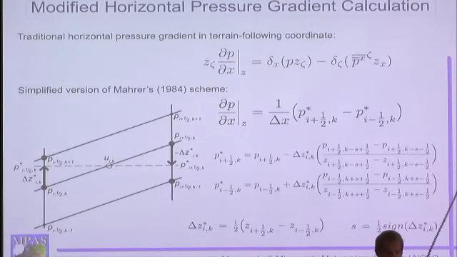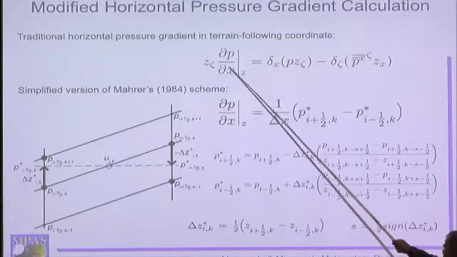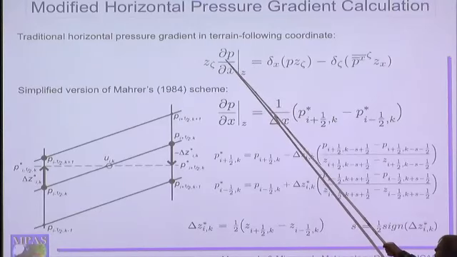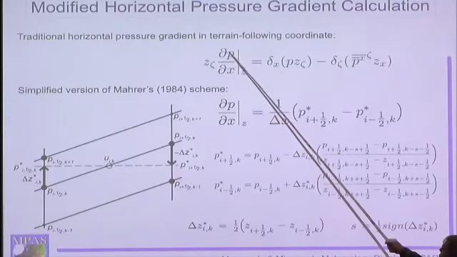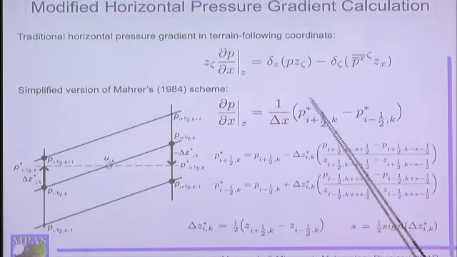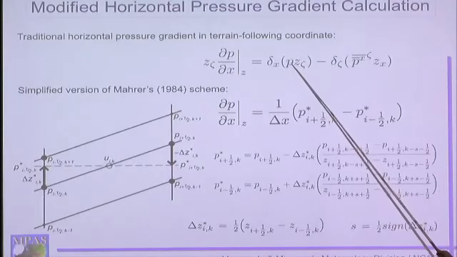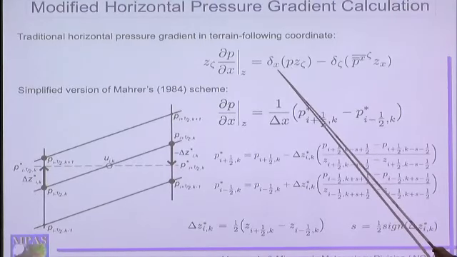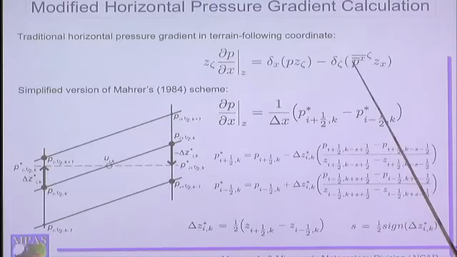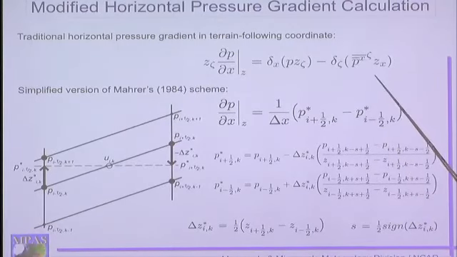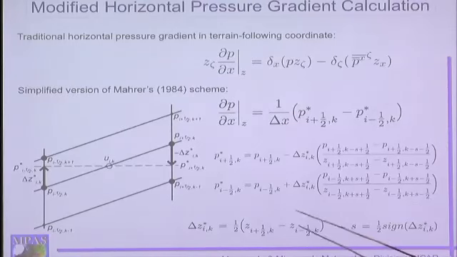I haven't said too much about how we're computing the horizontal pressure gradient. Everything I showed in those pictures is computing the horizontal pressure gradient in what I would say is the traditional way, where we have a gradient along the coordinate surface, and then we adjust it with a vertical pressure gradient that takes into account the slope of the coordinate surfaces.